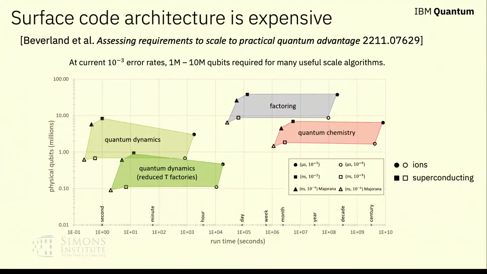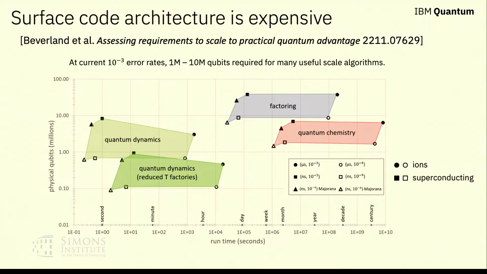And so if we look at, for instance, superconducting qubits, which are the squares, and we look at error rates that we have now, which are roughly 10 to the minus 3, then we're looking at these filled in dark squares. And the resource estimates in physical qubits range from about 1 million qubits for the smallest algorithms, up to tens of millions of qubits, like for factoring.